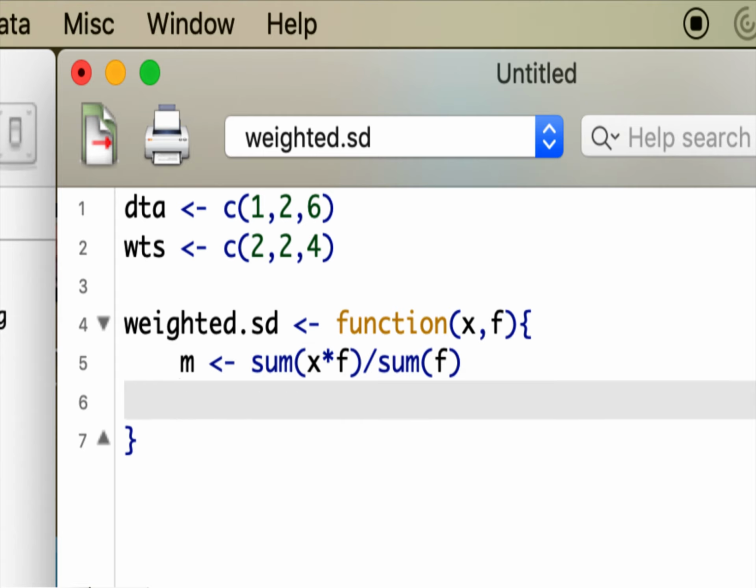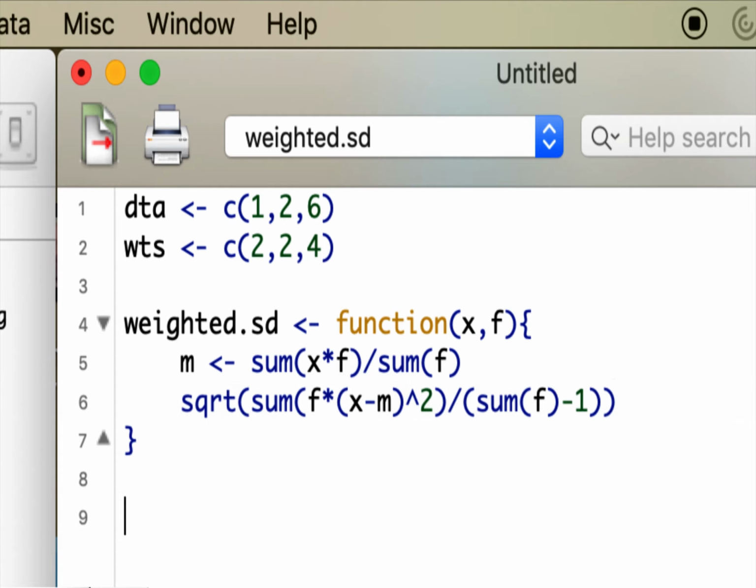Then we calculate the deviations, x minus m, squared, then multiplied by f, and then summed up. There's our numerator. Our denominator is the sum of f minus 1. Then we take the square root of the whole thing.